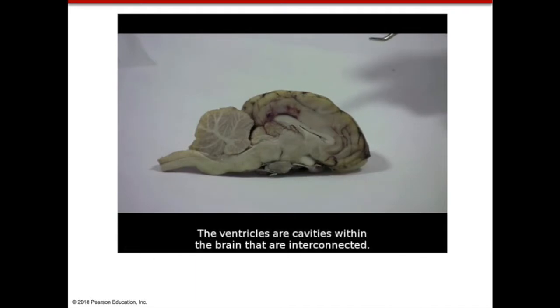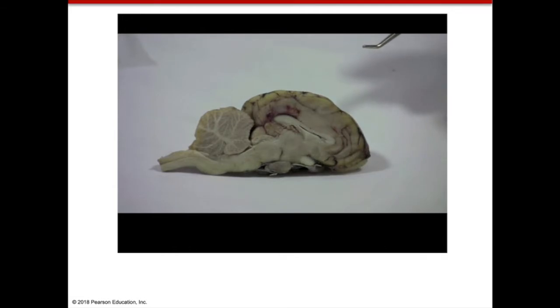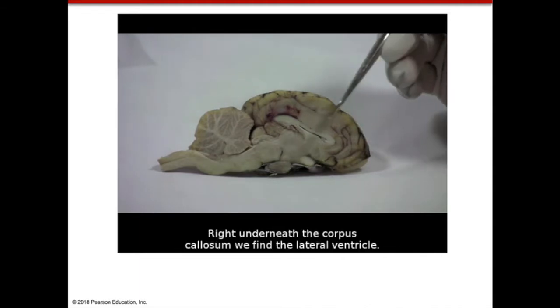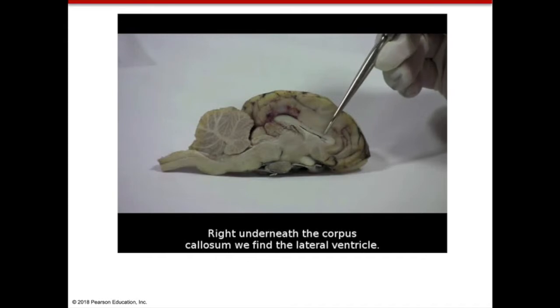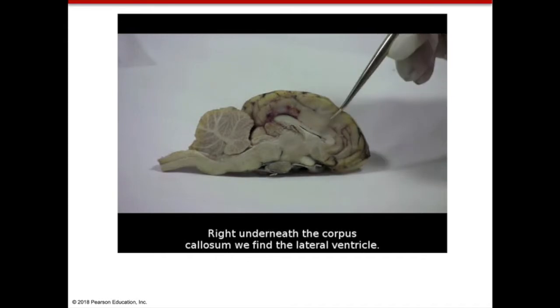The ventricles are cavities within the brain that are interconnected. They're lined with ciliated ependymal cells, which circulate cerebrospinal fluid. Right underneath the corpus callosum, we find the lateral ventricle.